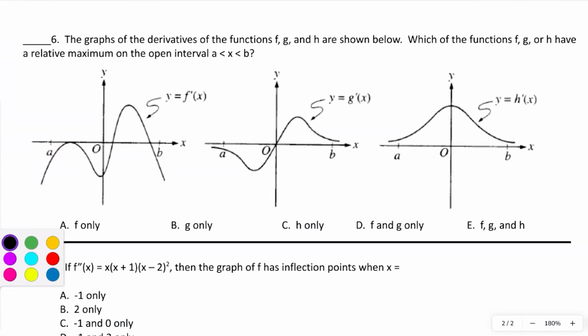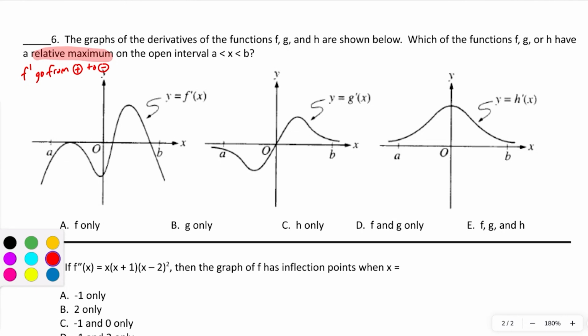Number 6. A lot of multiple choice questions here. Okay, number 6 says the graphs of the derivatives. So these are the graphs of the derivatives of 3 different functions. Which of the functions have a relative maximum between a and b? So in order for there to be a relative maximum, we want f prime to go from being positive to negative.